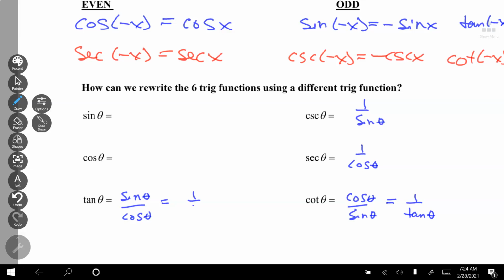So this is 1 over cotangent of theta. And these guys here technically is 1 over cosecant of theta. And this is 1 over secant of theta.